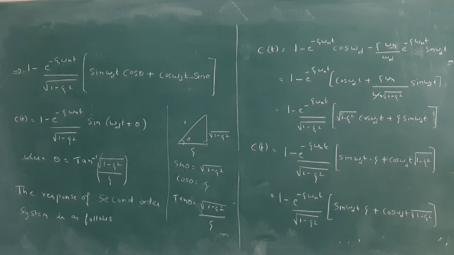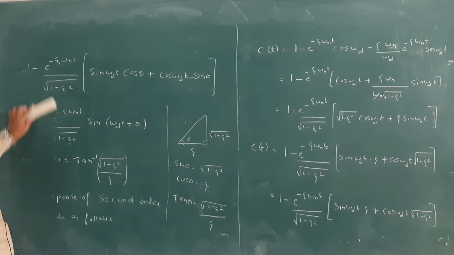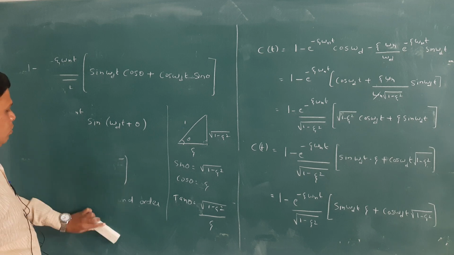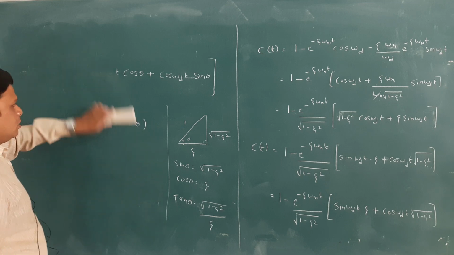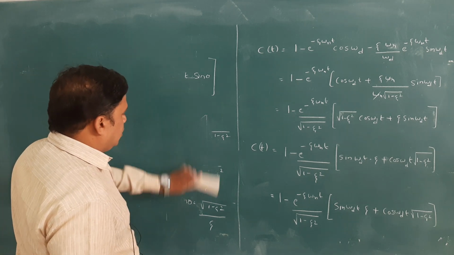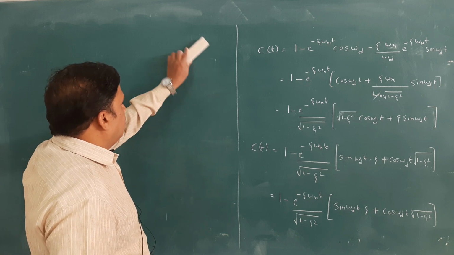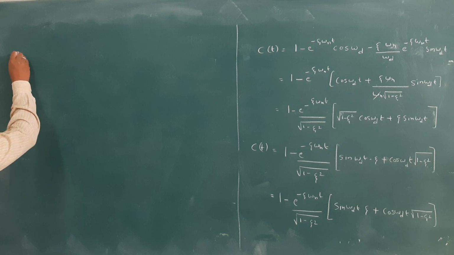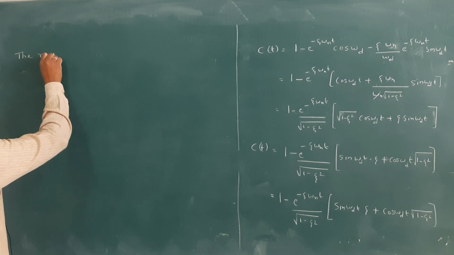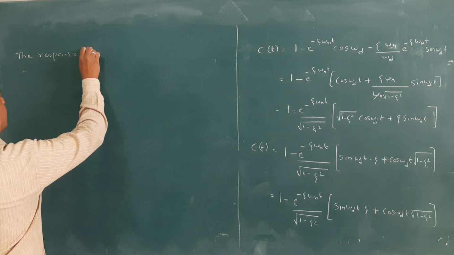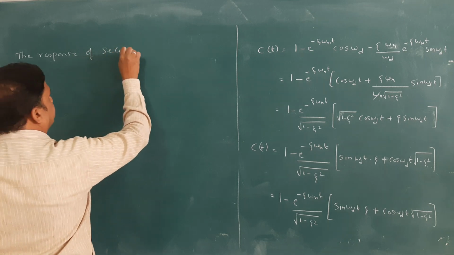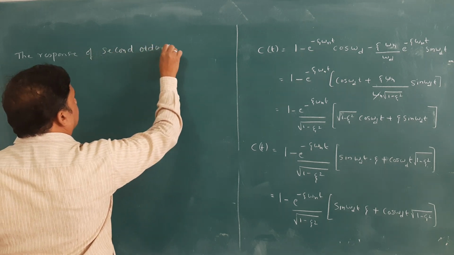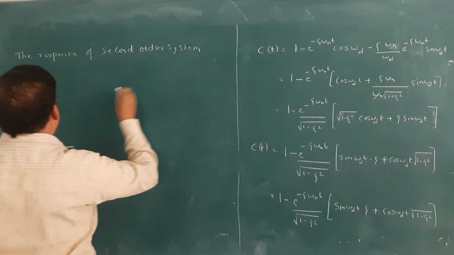Now we will draw the response of this second order system for the underdamped case. We have seen the undamped case. Now we will see for the underdamped case how it has its particular response.